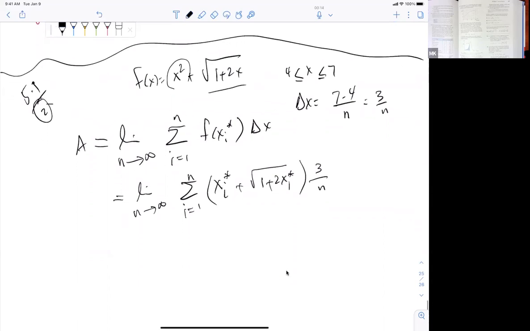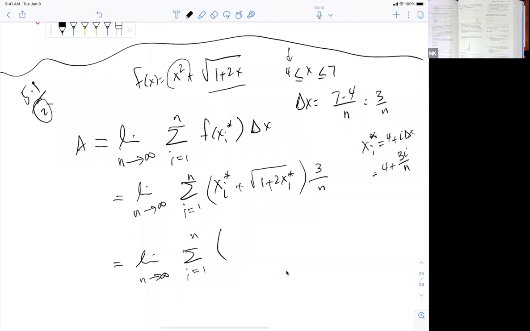Now, if you want to actually write it out using a right endpoint, you could write it as the limit as n goes to infinity, sum i equal to 1 to n. For xi star, it will be the right endpoint, so it will be 4 plus i delta x, which is going to be 4 plus 3i over n.